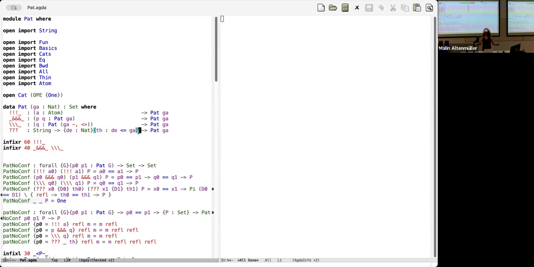I hate Unicode, so Greek letters have two-letter Latin abbreviations. So this is theta, the thinning, which explains how the variables you're allowed to depend on embed in the variables that exist. Thinnings are otherwise known as order-preserving injections, and thinnings have an identity. So the order-preserving identity is OI.